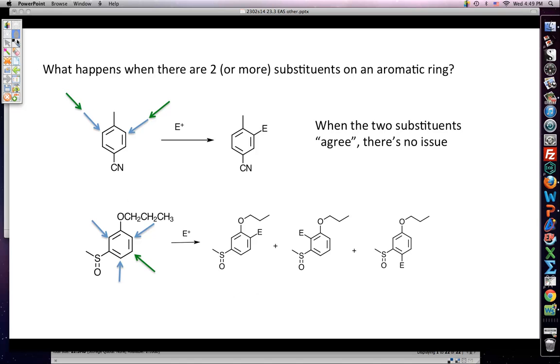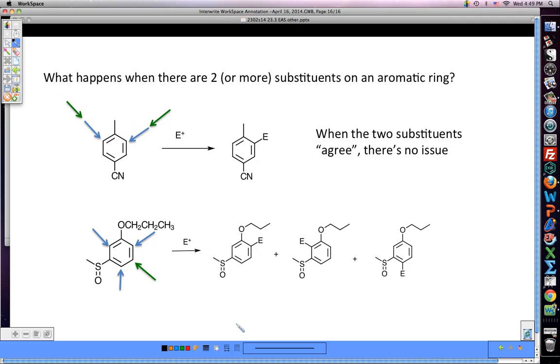So let's assume we took a GC trace of this, and we got a little teeny peak, a gigantor peak, and a decent sized peak. Which one do you think is which? Which of these do you expect would be the minor product? Well, basically sterics and electronics cover just everything.